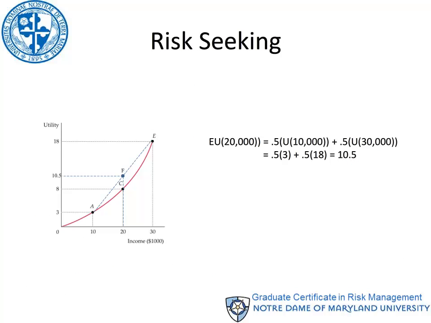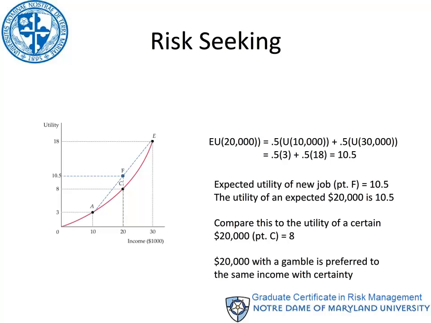The person depicted in this graph has a marginal utility that increases as income increases. Each dollar of income brings more utility than the one before it. The same three income positions are shown. Once again, the expected income of the uncertain job opportunity is $20,000.